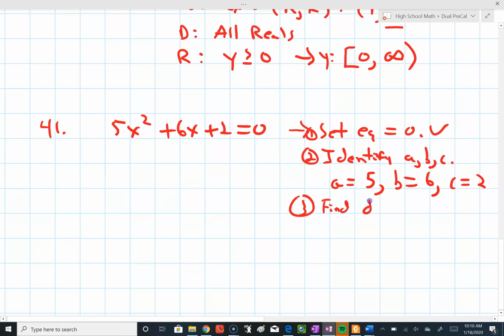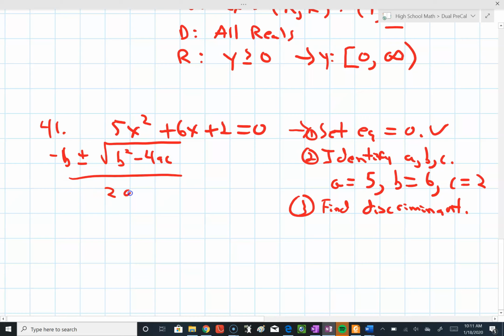If you find the discriminant first, you will find the quadratic formula is a lot easier to use, and the discriminant tells you some things. So remember, the quadratic formula is negative b plus and minus the square root of b squared minus 4ac all over 2a. This part underneath, b squared minus 4ac, is the discriminant.